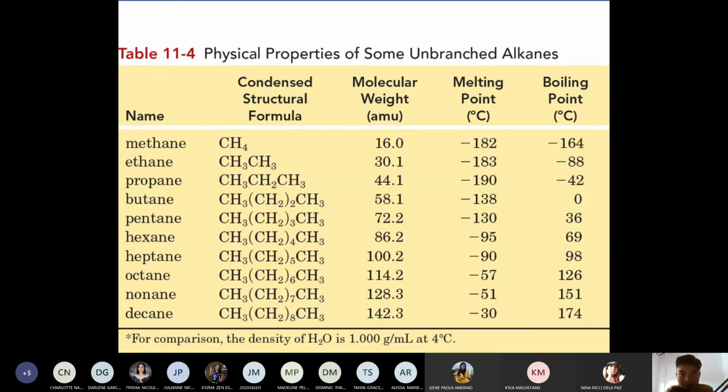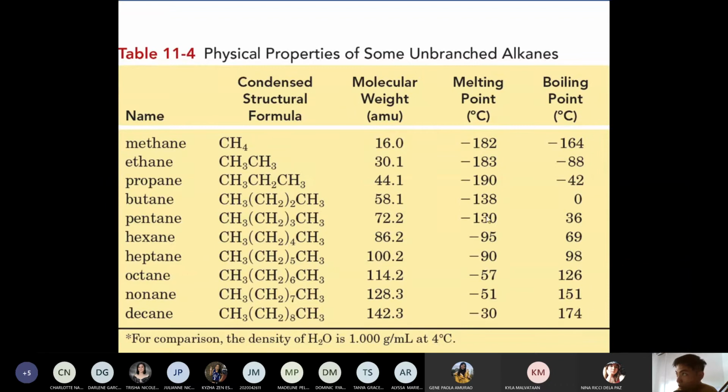So, yun yung sabi sa lecture nyo. So, kapag maraming electrons, the more susceptible they are to external electric forces. So, that means you will have more temporary dipoles. Kung naaalala nyo pa. Okay, so ganun din yung concept dito. The longer your carbon chain, the higher your melting and boiling point will be.